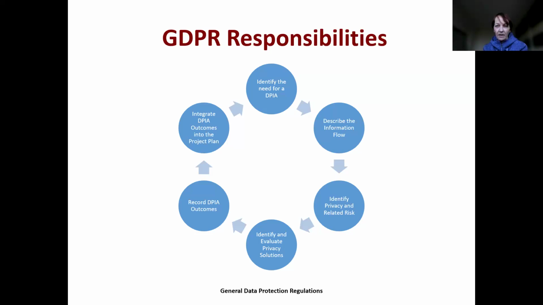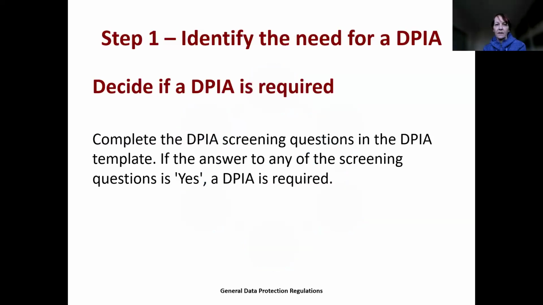As I say, I'm not going to spend a huge amount of time on it, because every single time you fill one out, it'll be slightly nuanced. So we'll start with the first one there. Decide if a DPIA is required. Once you've established that you have personal data, that you're going to be collecting it or processing it or storing it, or accessing it.